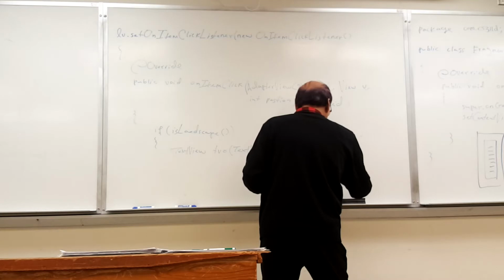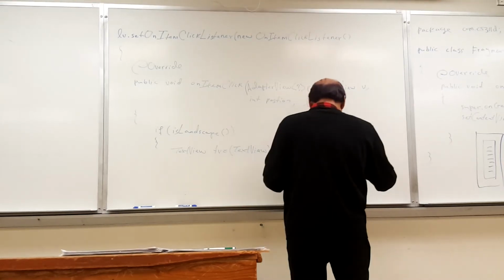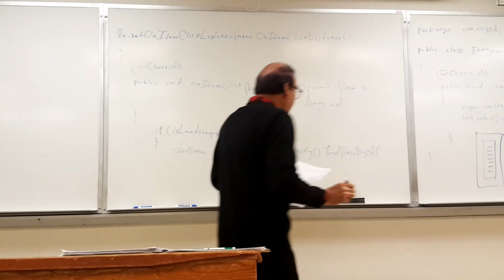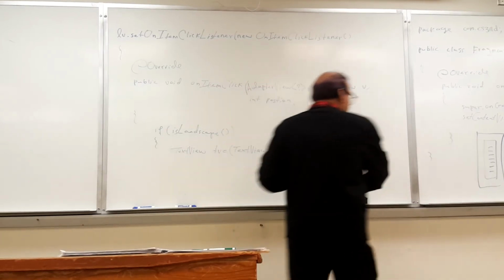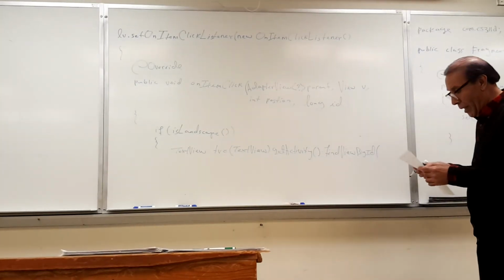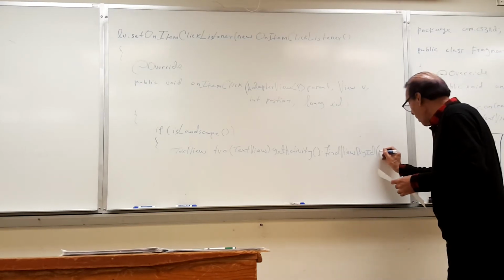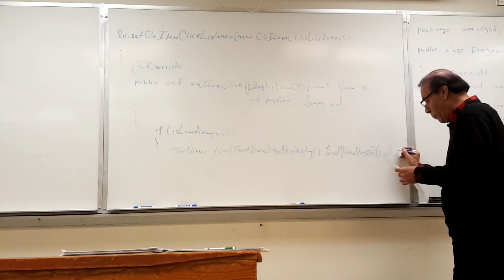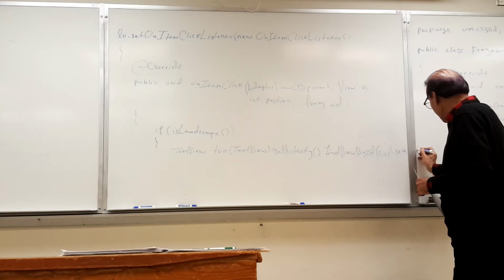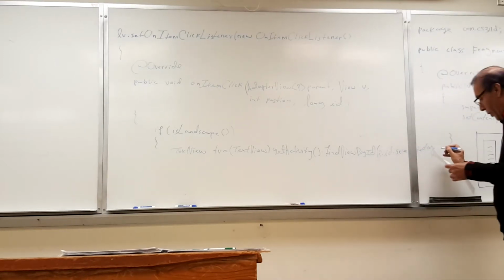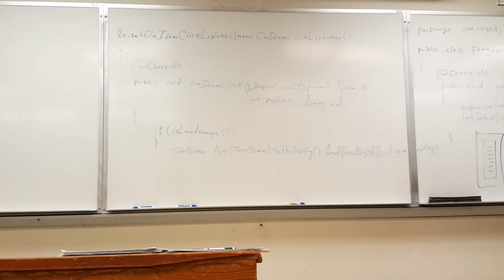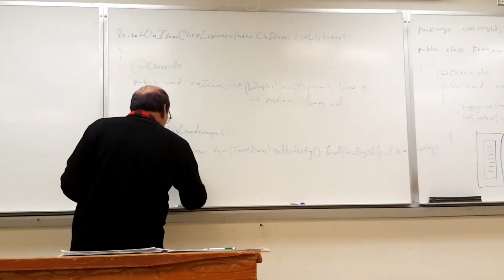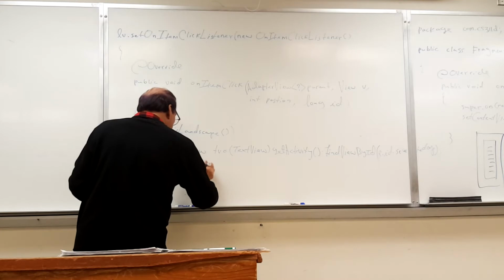Find view by ID, and find view by ID needs R.id dot selected up from our XML file, and that's it. TV dot set text, now display it.